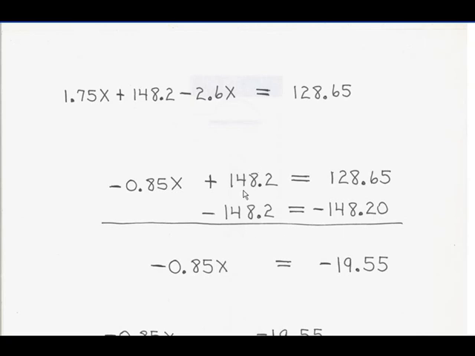Well, here on the left side, 148.2 and its additive inverse, when we combine these, they cancel. I end up with negative 0.85x equals, after taking the difference between 128.65 and negative 148.2, negative 19.55. So right now we have negative 0.85x equals negative 19.55.